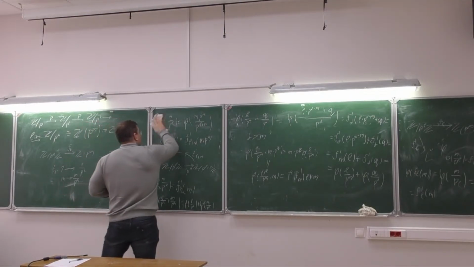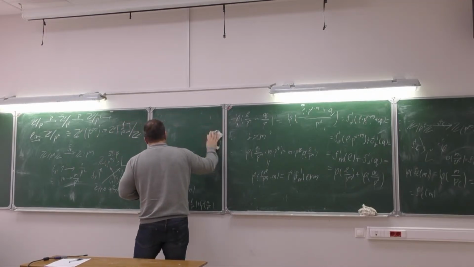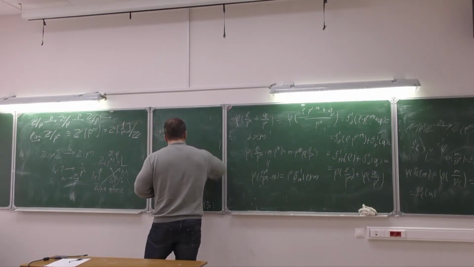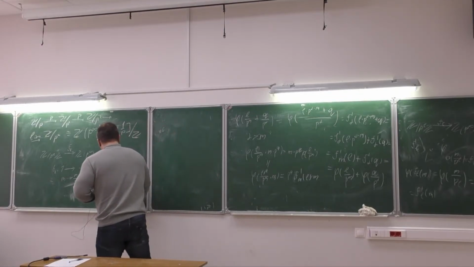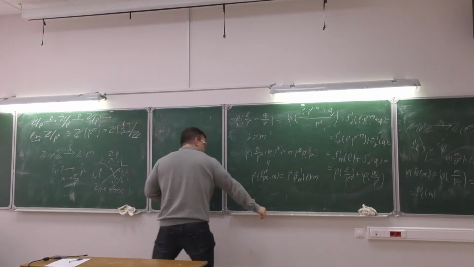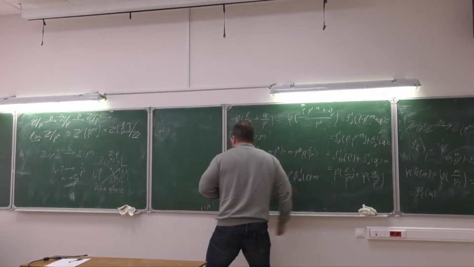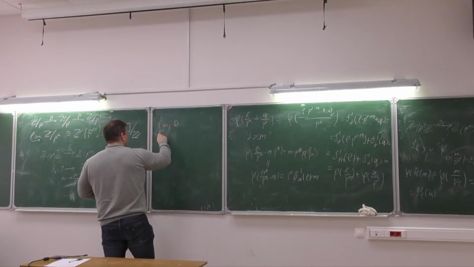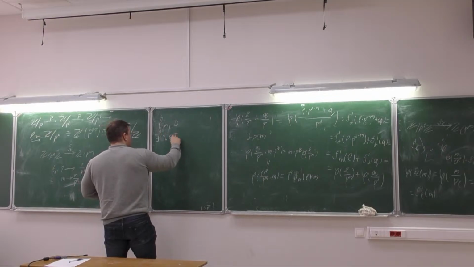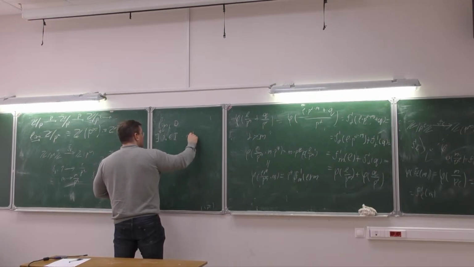So let's prove one general property of limits. There are situations where limits are very easy to compute. Suppose you want to find a limit of a functor D, and you know that there is, say, I0, which is the initial object.